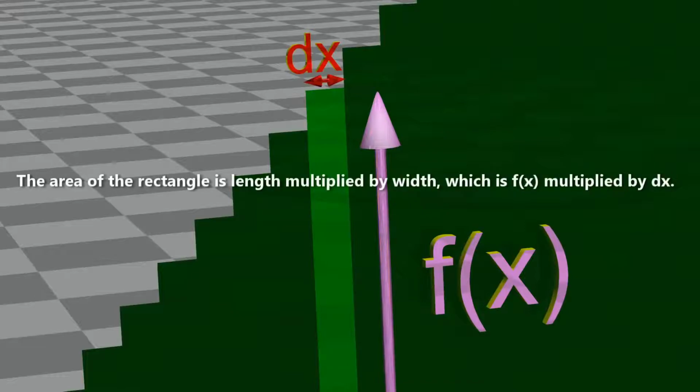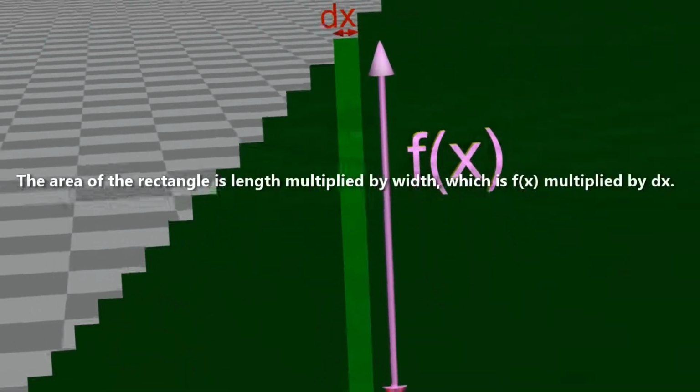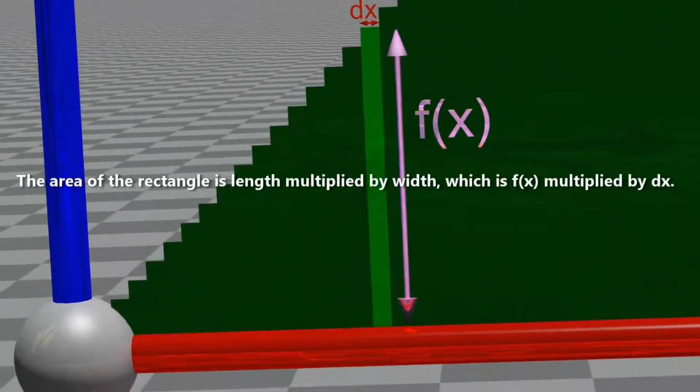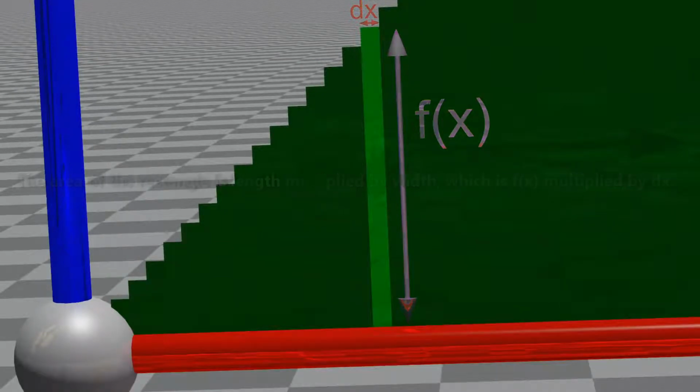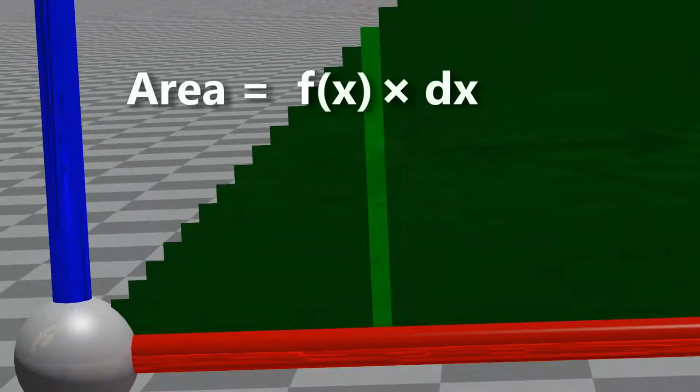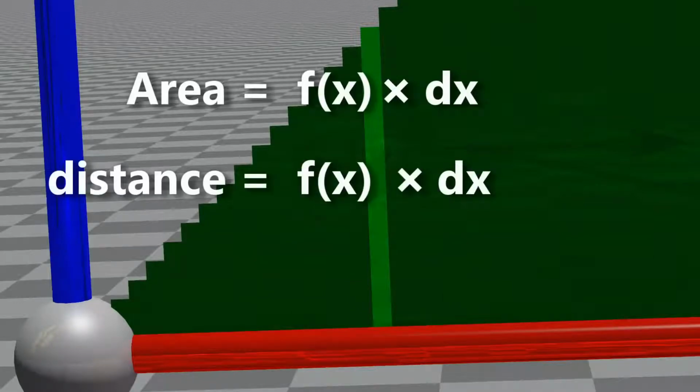The area of the rectangle is length multiplied by width, which is f of x multiplied by dx. Therefore, the area of this rectangle is exactly equal to the distance traveled during this moment in time.